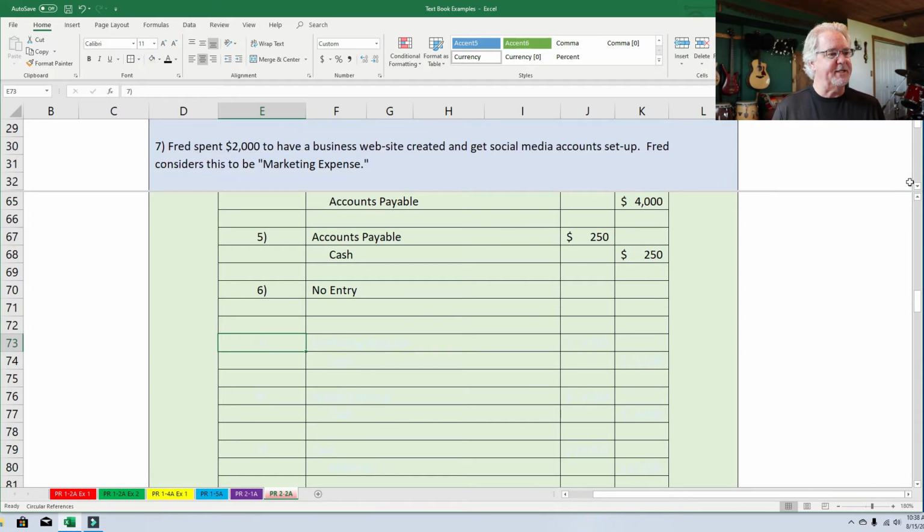Number 7, Fred spent $2,000 to have a business website created and get social media accounts set up. Fred considers this to be marketing expense. So this is transaction number 7. Fred spent $2,000, so money is going out. Where are we going to put the cash, first or second? I hope you remember second.